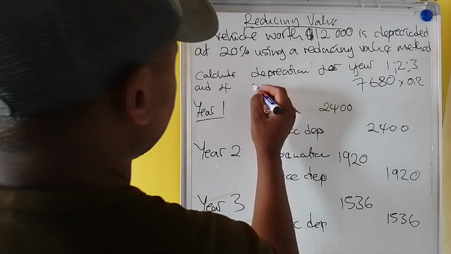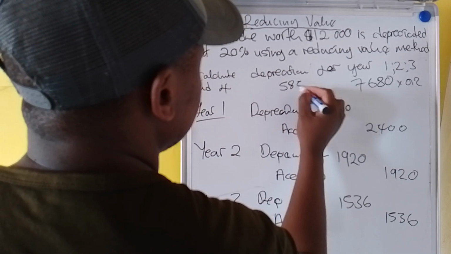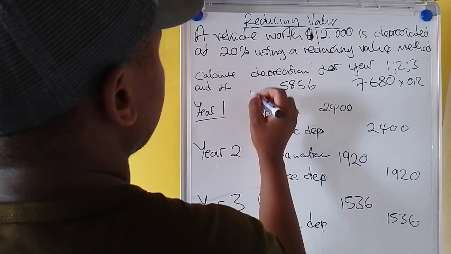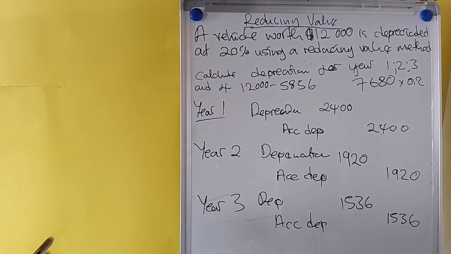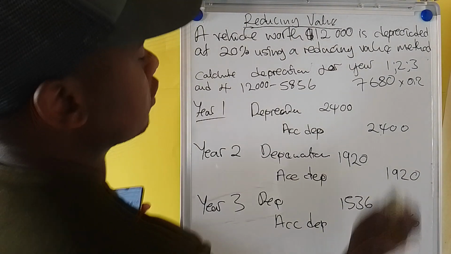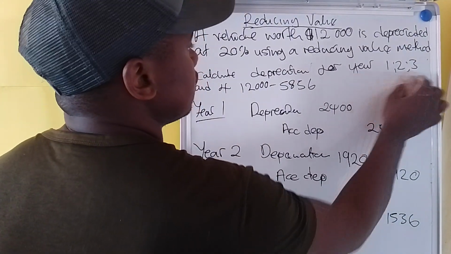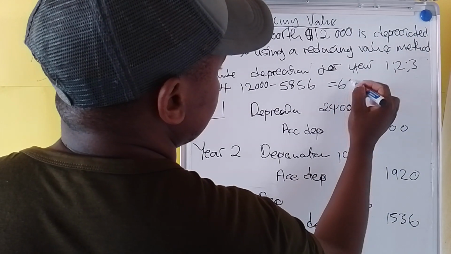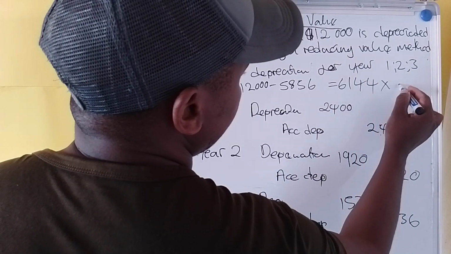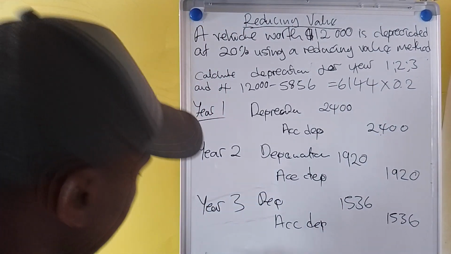That gives a total accumulated depreciation of 5,856. Now we deduct that from the initial value of the motor vehicle, 12,000, to get the new residual value. 12,000 minus 5,856 gives 6,144, and this is where we charge depreciation for year 4.